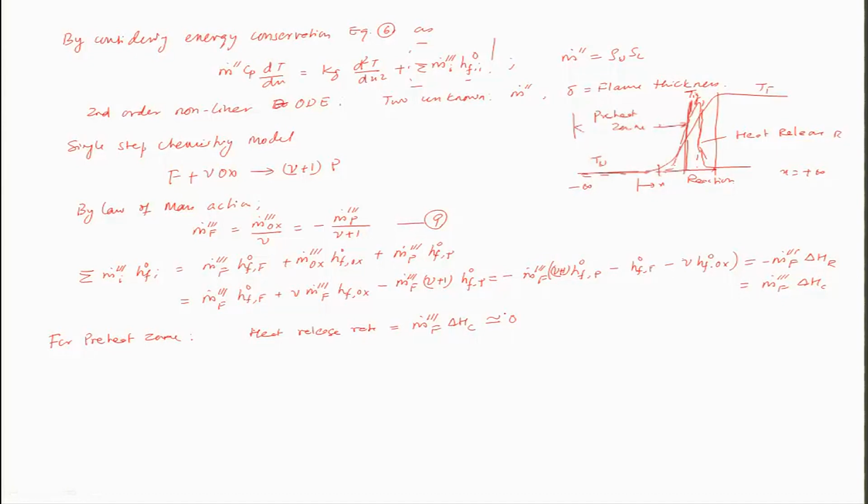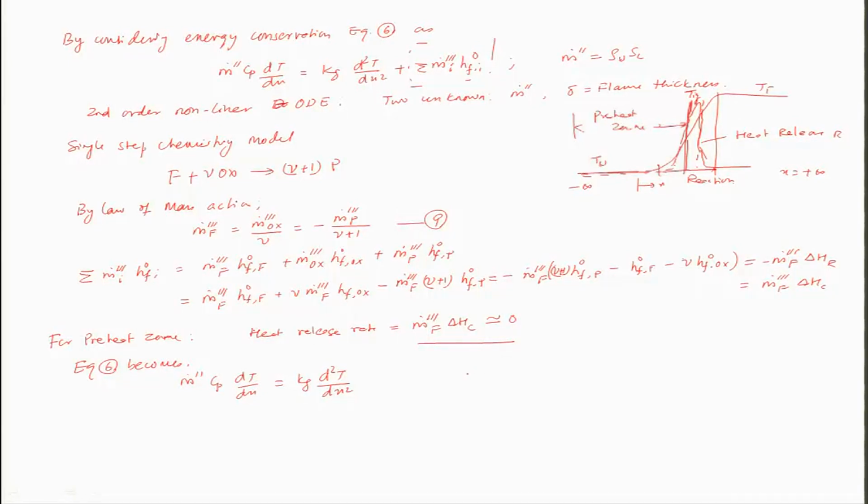So, as a result, what you will get? You will get a relationship, that means this will be 0 in this case. So, equation 6 becomes m dot Cp dT by dx is equal to Kg d square T by dx square, right, because this term is 0. Now, I will have to solve this.